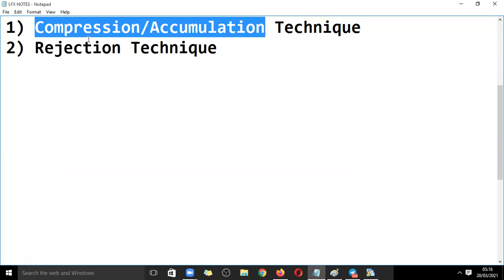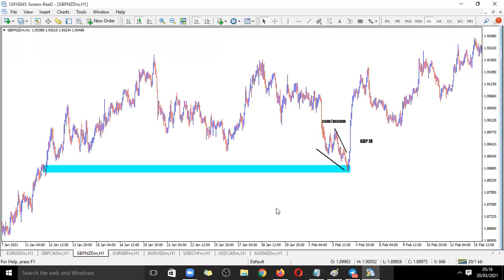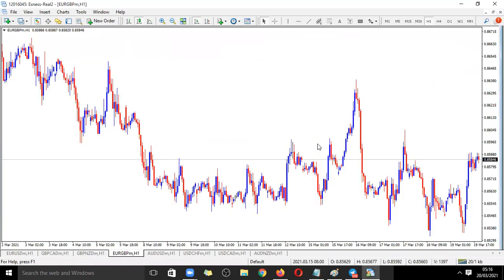And it has a very good consistency rate. If you take your time and backtest other events, you'll notice the power of this technique here. Let me just get another GBP pair. Let me see. Yeah, Euro GBP. This one had to be selling.